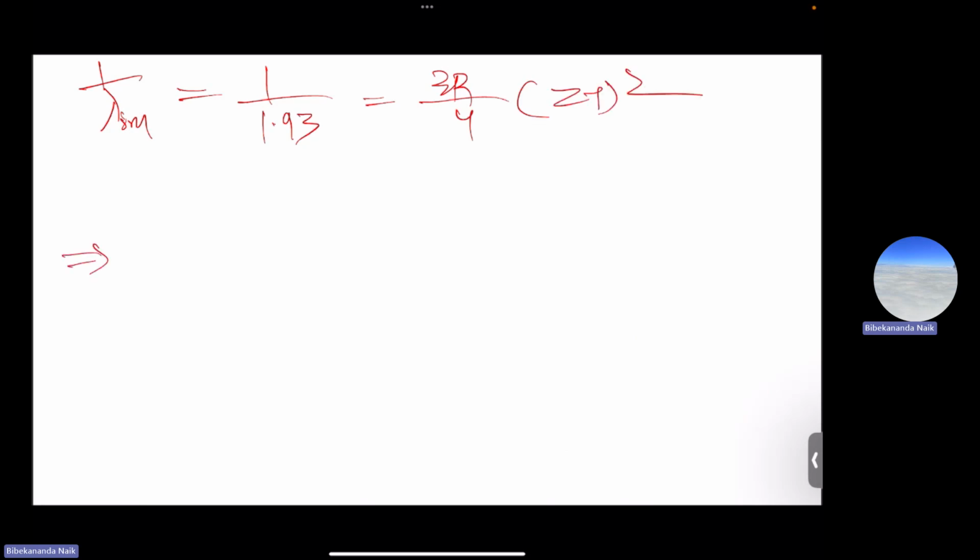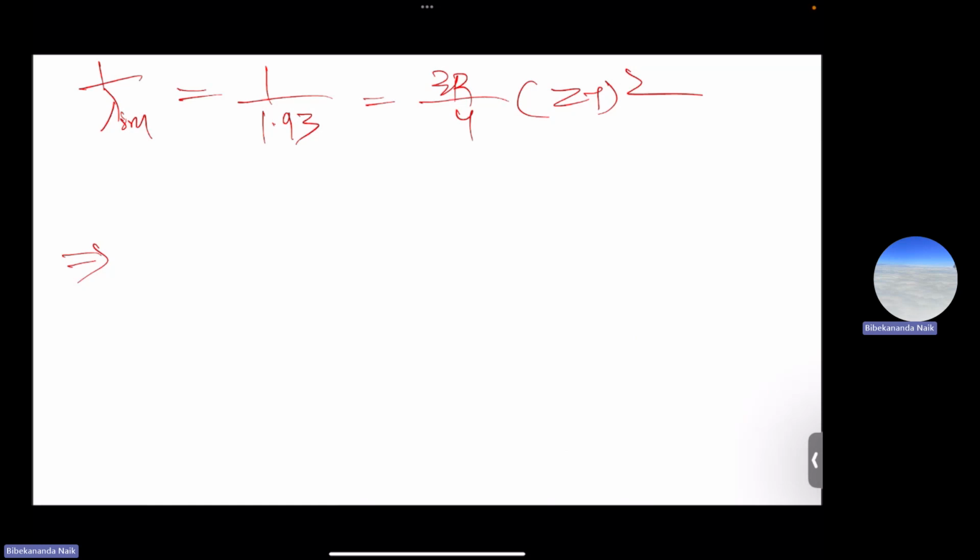From the first, we can take the value of R and put it in to get the value of Z. Since 3R by 4 is the same for both, we can directly write the ratio.